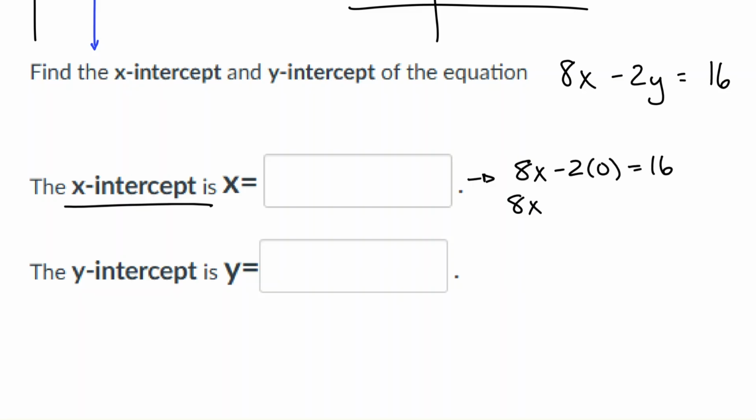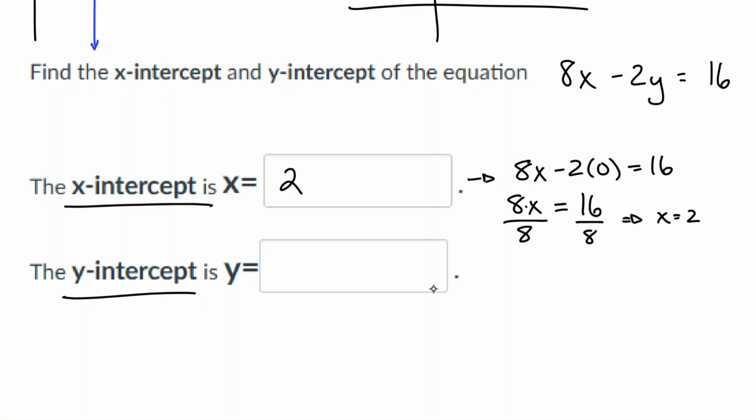So 8x. Now negative 2 times 0 is 0. So I could write minus 0, but when you subtract 0, nothing happens, so I could just leave that there. 16, let's divide both sides by 8 because, of course, 8 written next to x is implied multiplication. To undo it, we'll divide. And we get x is 2. So the x-intercept happens at x equals 2.